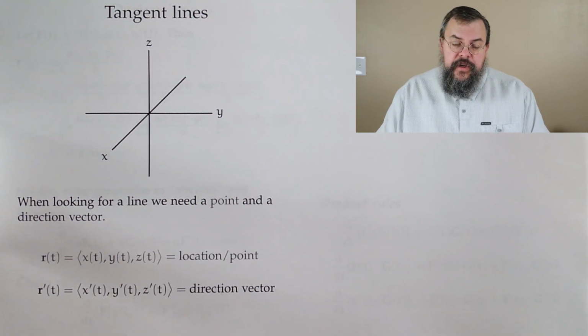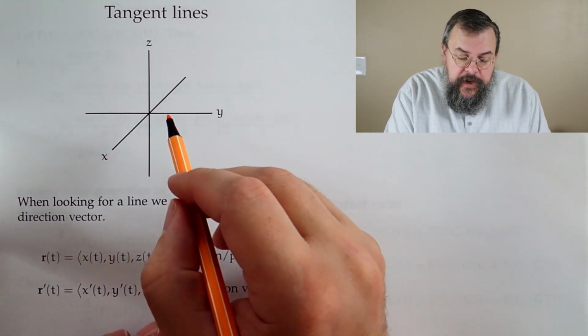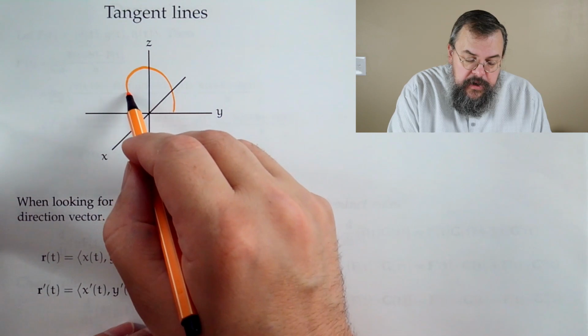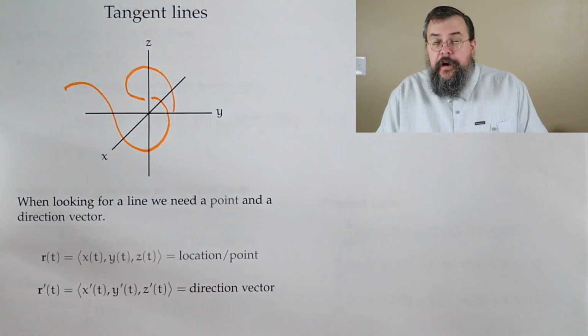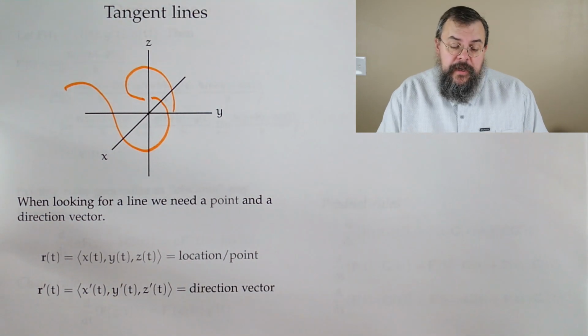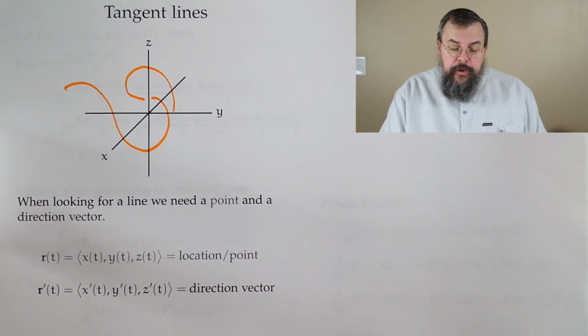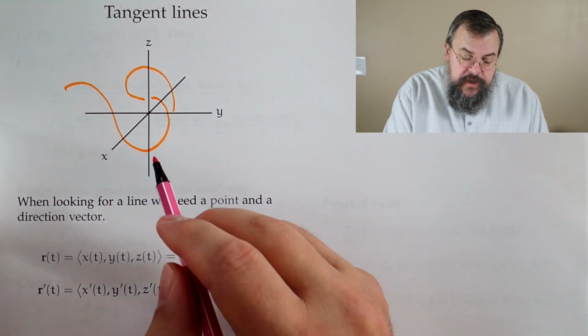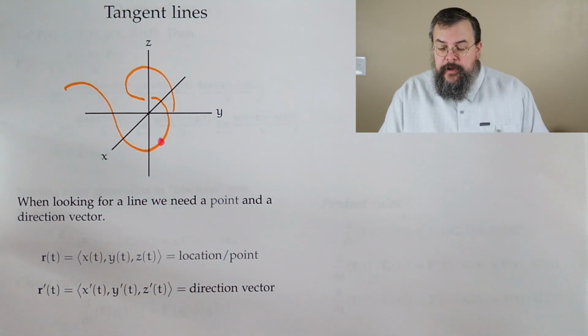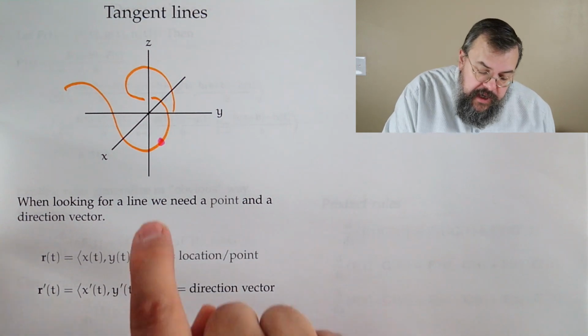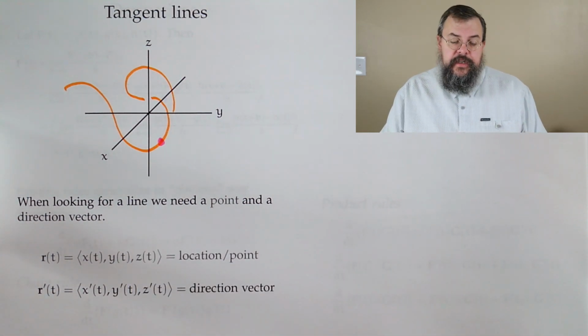Let's suppose we have some vector valued function, so we'll just make one up here. And so there's our vector valued function. And we have a point that we're interested in. We say, okay, there's our point. And we want to know what's the behavior of that function near that point.